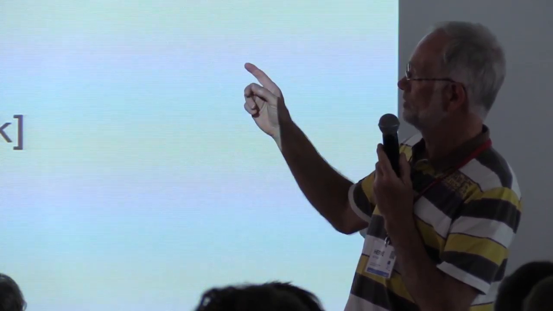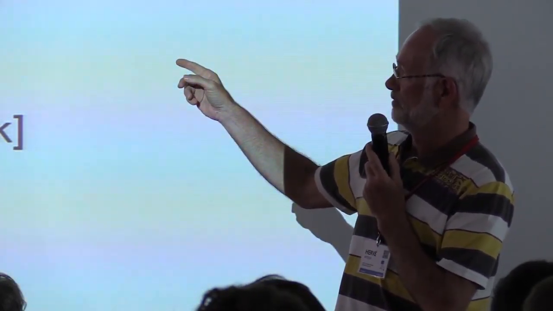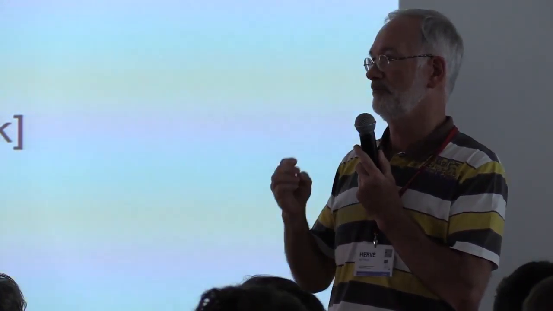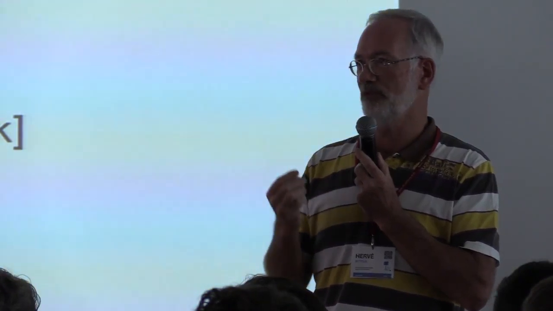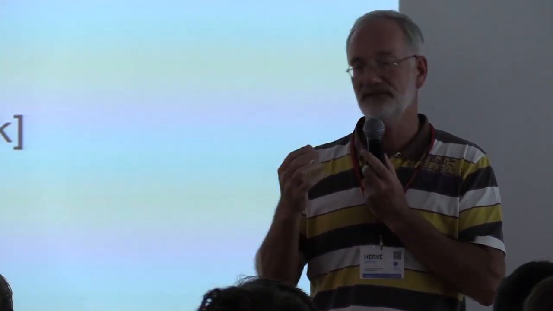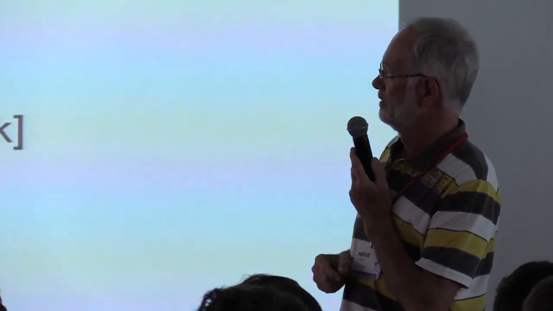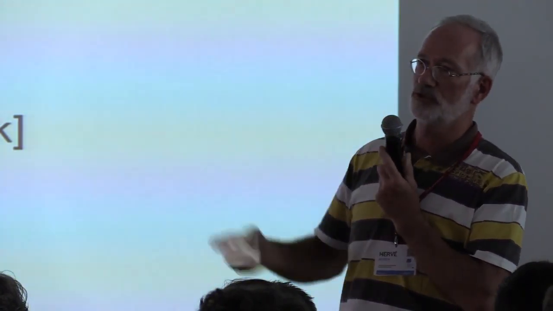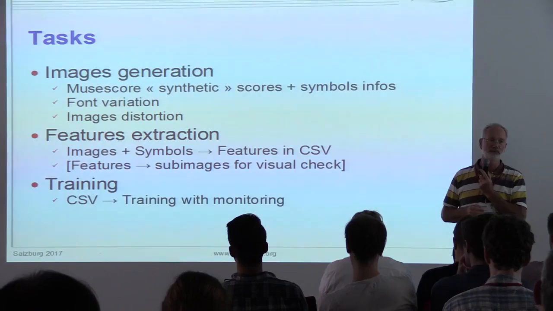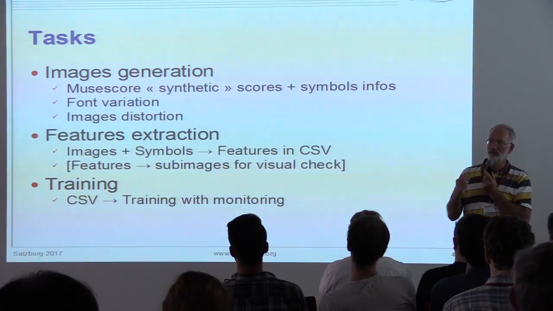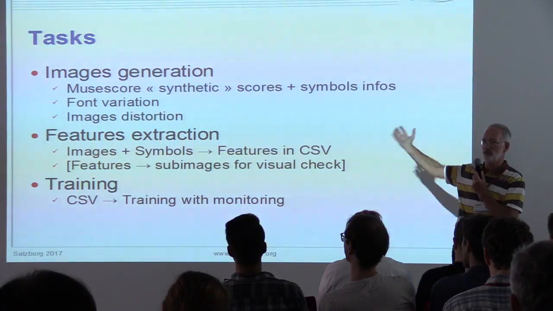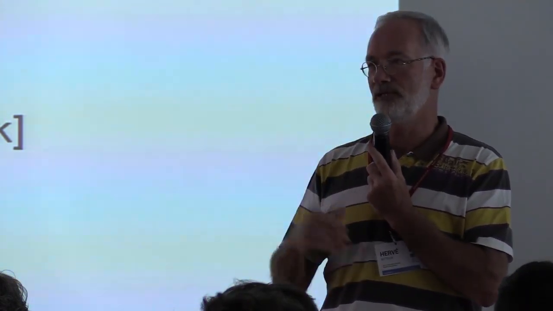So the idea was also to use a variation in the font, which is being used to provide the images. So even if it is the same symbol from a semantic point of view, the appearance may be a bit different for the classifier. Another thing which we have begun to implement, but which is not all taken into account yet, but you will see some result from that, is to take the images out of MuseScore and modify them in various ways.